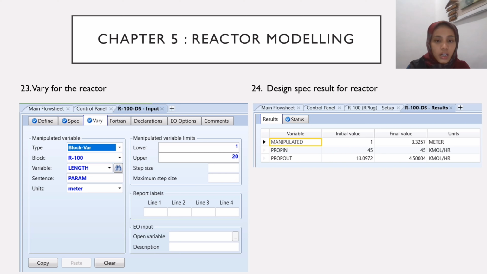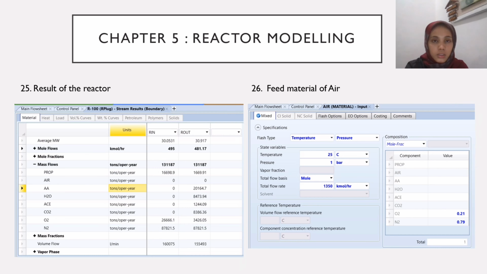Deactivate the R100 sensitivity first before running the simulation again. From the result of the design spec of the reactor, in order to obtain a conversion of 0.9, the length of the reactor should be 3.33 meter.